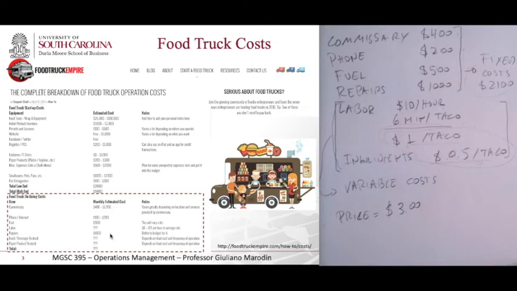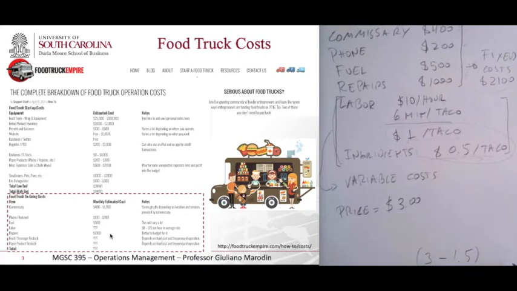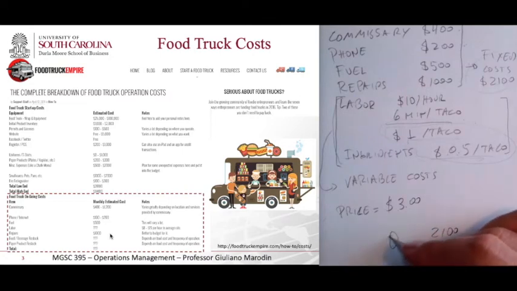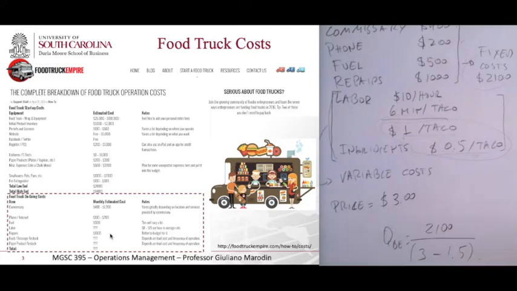So I'm just going to put here $3 minus 1.5 will give me my revenue per taco. Okay, so every taco I'm making 1.5, and I need to pay all my fixed costs before I start to break even, right? So if I take my fixed costs and put on top of this math, this is actually the quantity for the break-even calculation. Okay, so this is the formula.